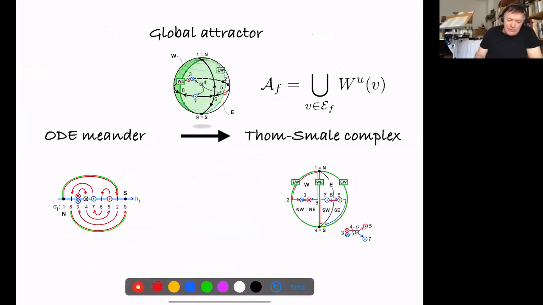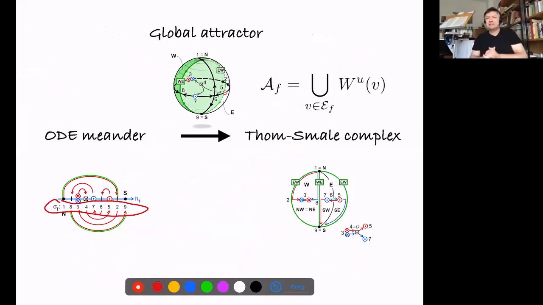Therefore, we can now ask: how do we pass from the ODE meander picture, maybe just this permutation here, to the topological description of the Thom-Smale complex, the topological dynamic description? Because the cells are not just abstract cells.